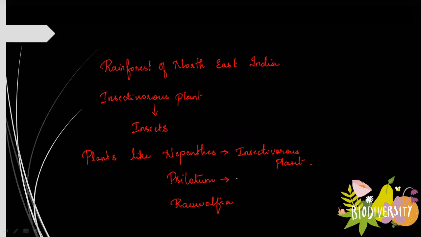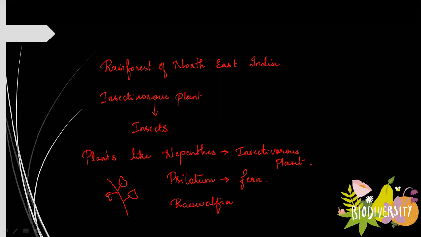Now what is Xylotum? Xylotum is nothing but a fern. Ferns are nothing but grass-like plants which grow on the compound walls, on the wet walls. You must have come across these types of ferns. Xylotum is a different type of fern, but you must have come across these types of ferns as well, which have these types of leaves.